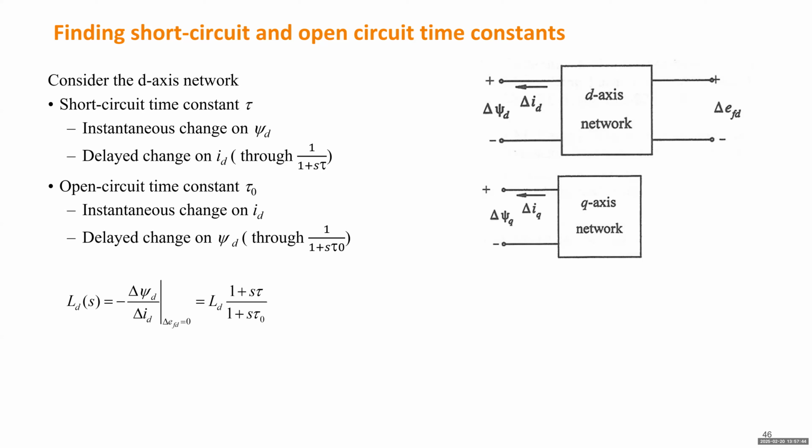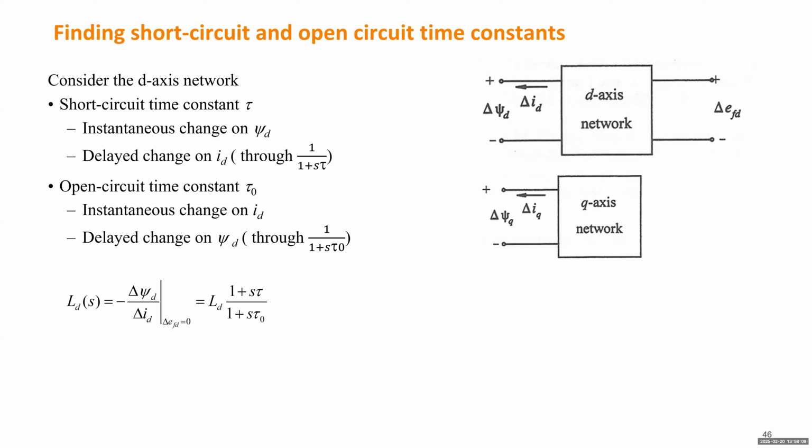So the LD will change with the frequency. The frequency is utilized to categorize what type of dynamics. If S is high, it means faster dynamics. If S is low, it means slower dynamics. So LD will be a function, okay? And we can reasonably guess LD has to satisfy this expression.